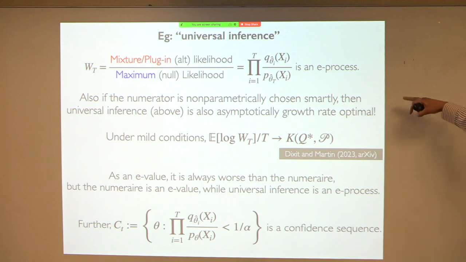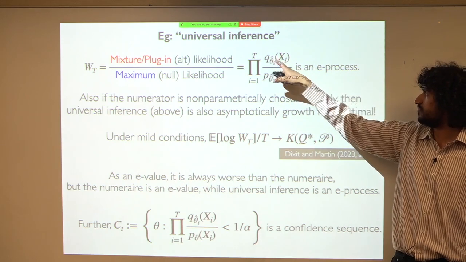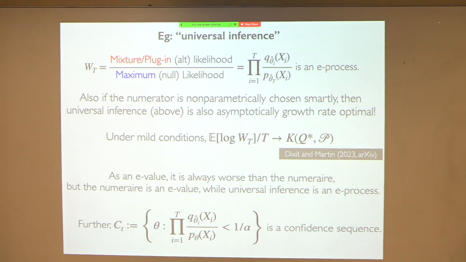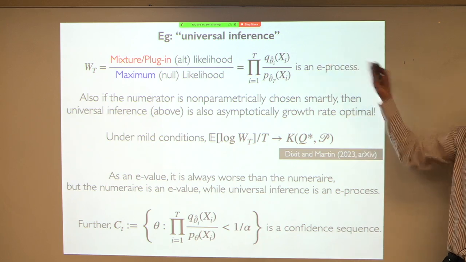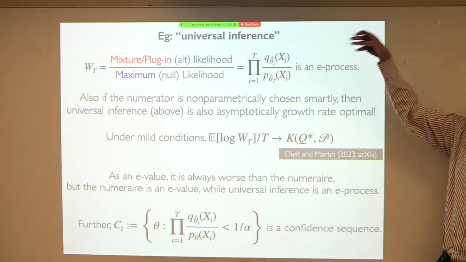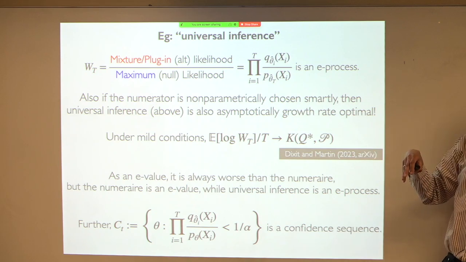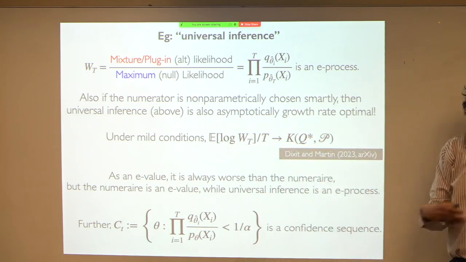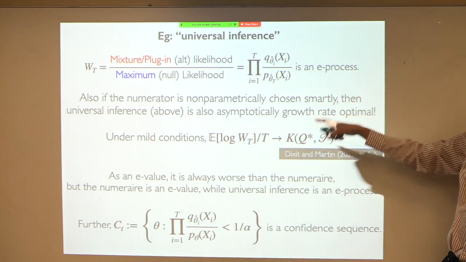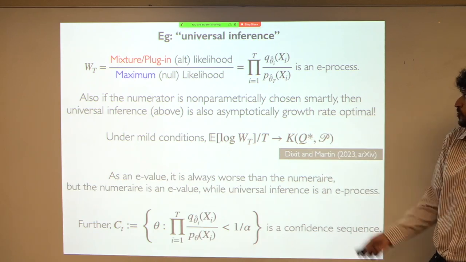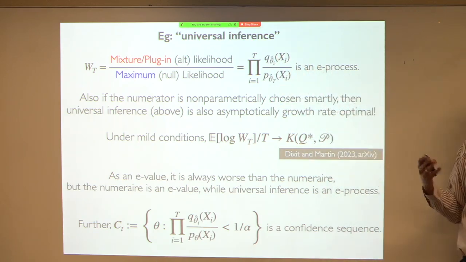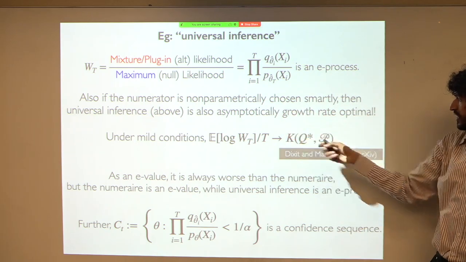Okay, and so you can also show that if you do something sensible for this plugin theta hat i, like if you use a Bayesian MAP estimator with a prior that puts mass everywhere, then it will have this optimal growth rate, which means that if the data is actually coming from Q, some alternative that you don't know, the expected log divided by t, the way this process grows is going to be as if you know the optimal Q. Like if you knew Q star, you'd just use Q star of x_i over there, but you don't know Q star, but the growth rate that you get is still as if you knew Q star.